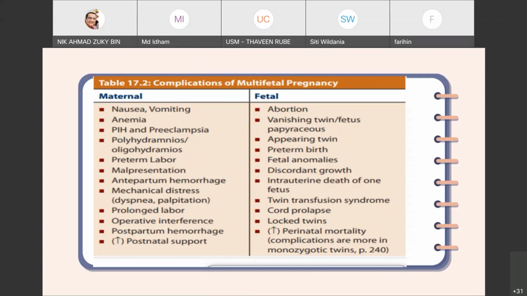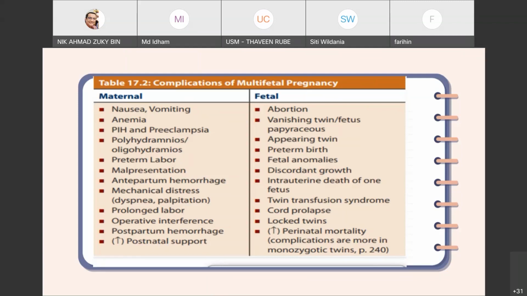Okay, for the fetus, abortion, as you mentioned, is similar to the vanishing twin. If one of the twins is aborted or disappears or is absorbed by the system because the co-twin dies quite early, the twin cannot develop. However, the surviving twin will survive.